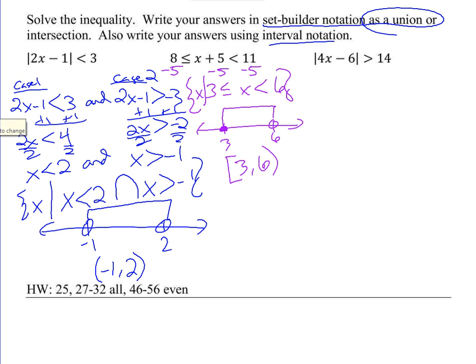And the last one. What are we doing first here? Case 1 and case 2. It's absolute value, inequality. Anytime you see absolute value symbols, you have to go case 1 and case 2. Case 1 is what? Everything stays the same. Case 2 is what?